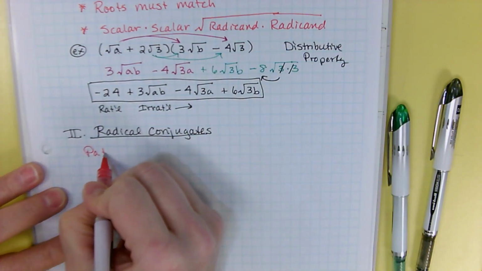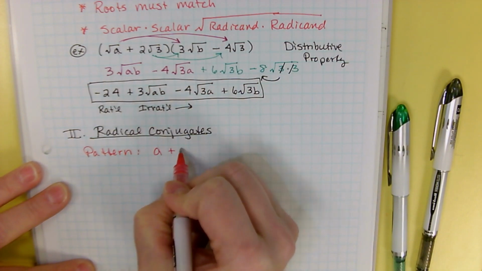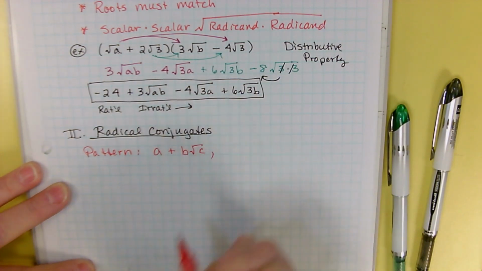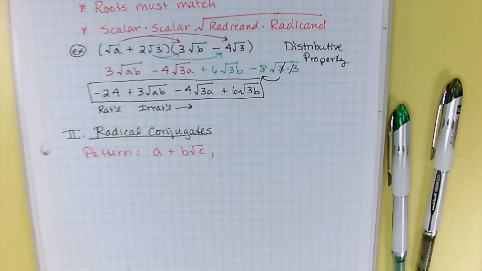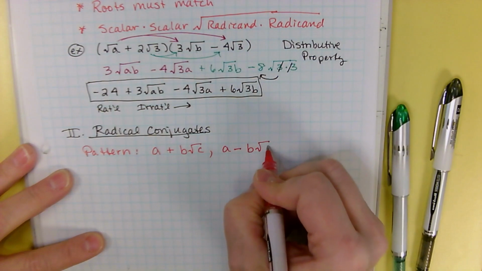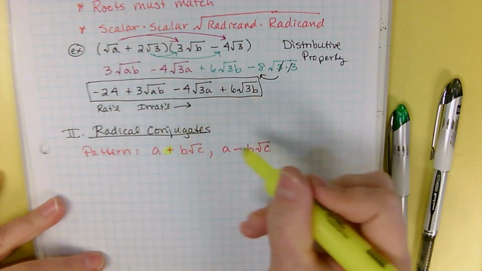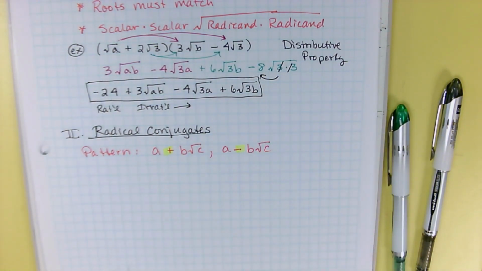For radical conjugates, if the first one is a plus b radical c, the conjugate will be the same thing except the middle sign changes, so a minus b radical c. It's only the middle sign that changes, not the a.